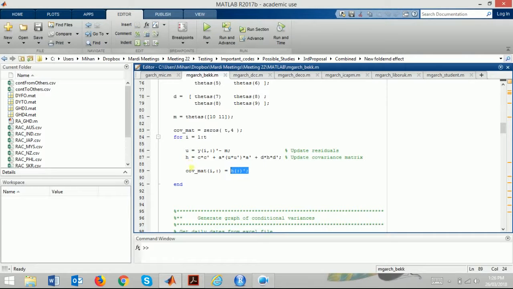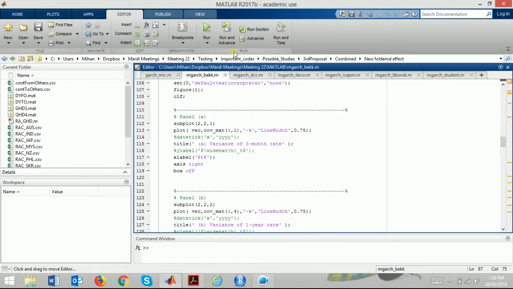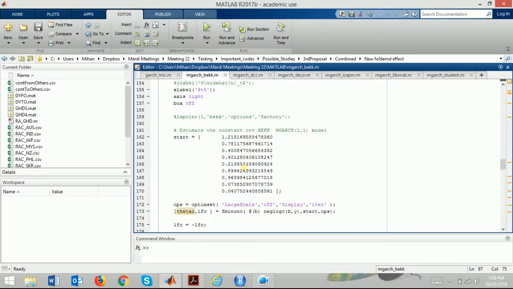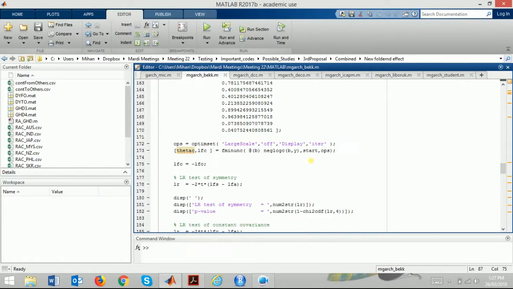So for all columns, h i transpose h, all elements of h are stacked together, that gives you the covariance matrix. If we run it, what do we get? Basically, we are running it looking for the covariance matrix.